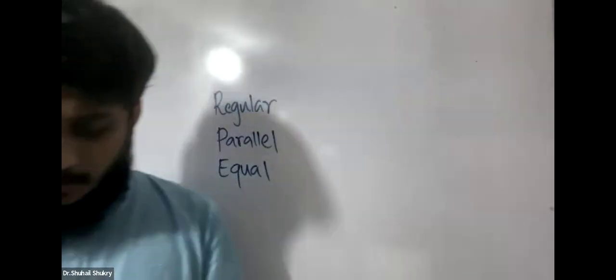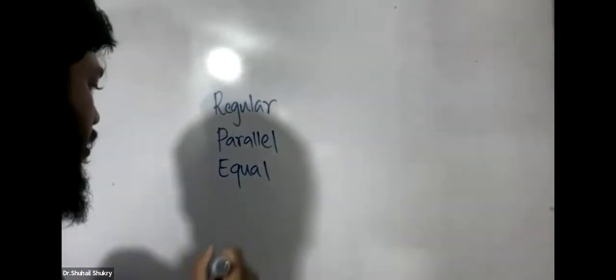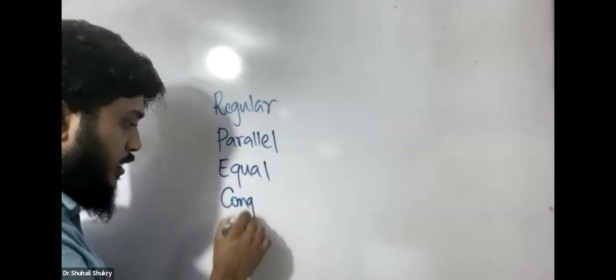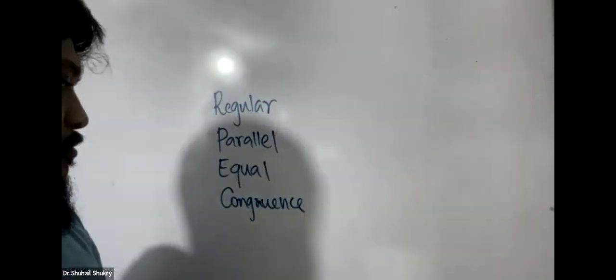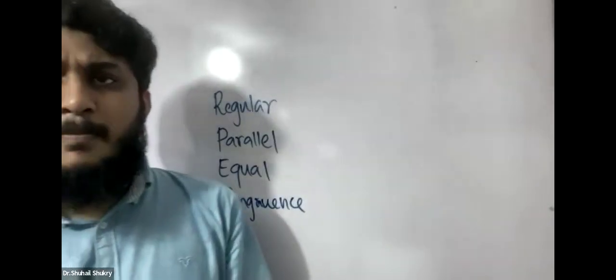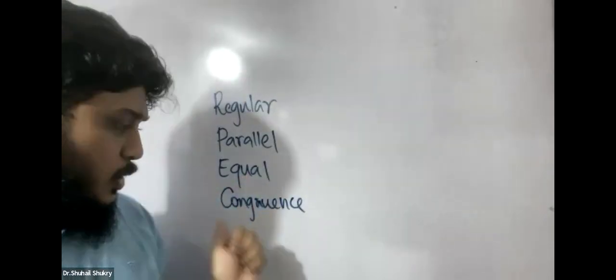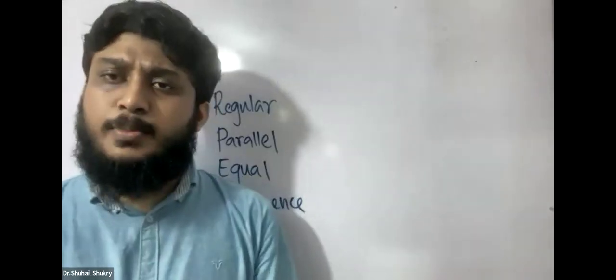D part. Congruence. Under congruence, you can write like this: 100% similar things.